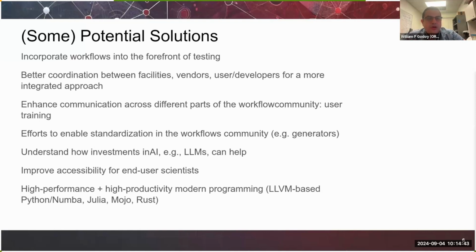We kind of do, but as things evolve, we try to put the workflow aspect at the forefront again. It's also more of a social problem and a funding problem, so we have to enhance the communication across the different parts of the community.